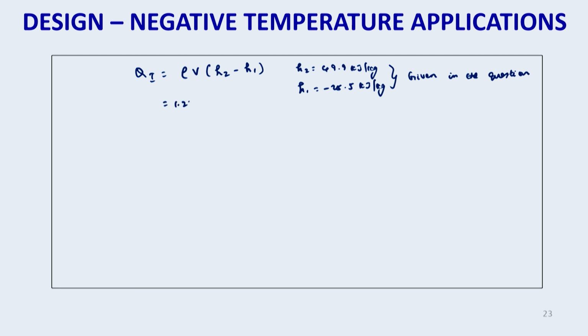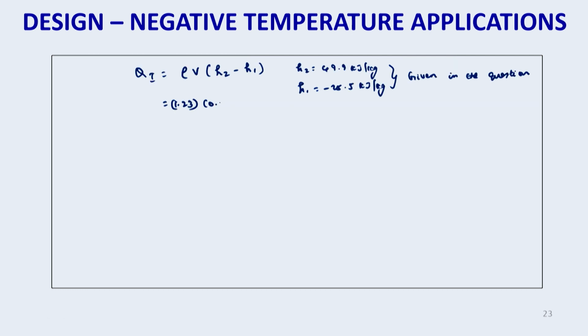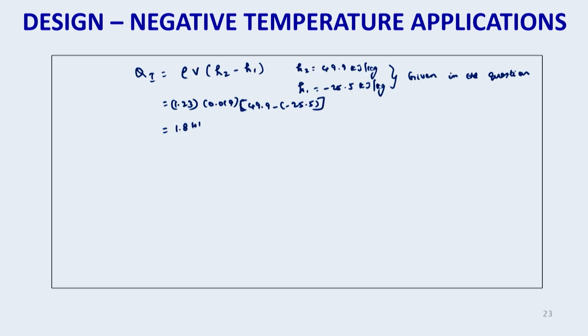Substituting the values, density is 1.23, volumetric flow rate is 0.019, and the enthalpy difference is 49.9 minus of minus 25.5. Sometimes when we are using the psychrometric chart, in case the values of enthalpy are not there, there are empirical relations with which the enthalpy of the air can be determined. So this comes to 1.8 kilowatt. This is the infiltration load.